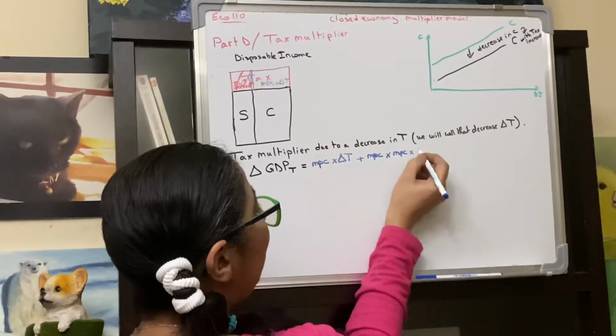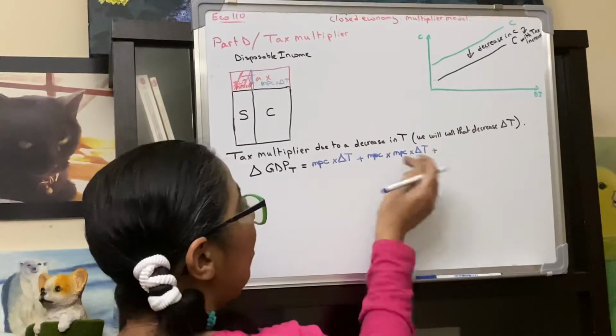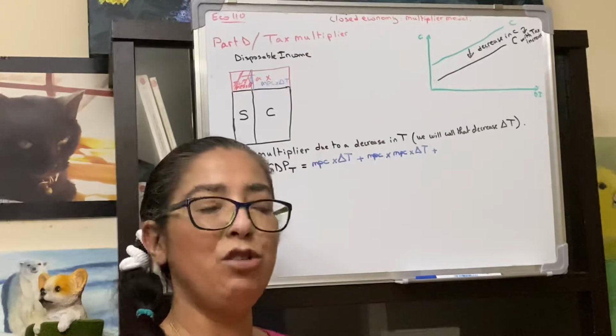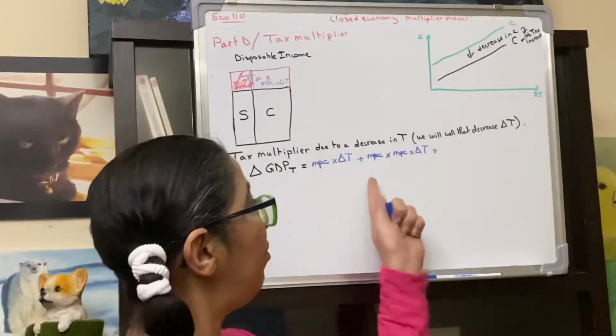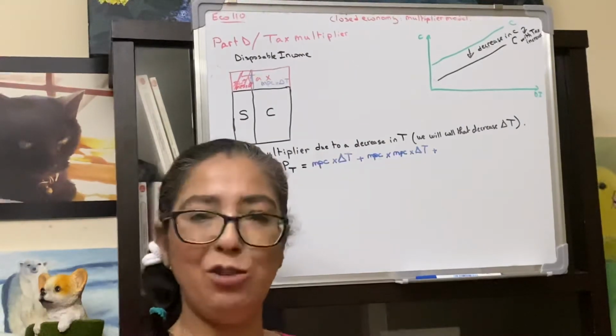MPC times delta T. So they buy something to consume from somebody. That person is going to receive MPC times delta T. What is that person going to do with it?